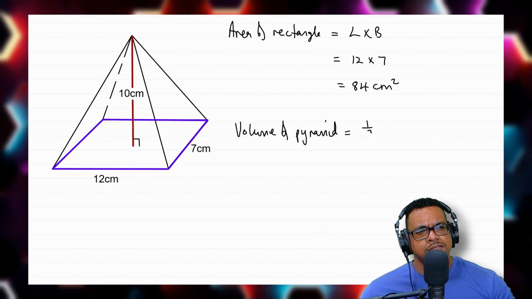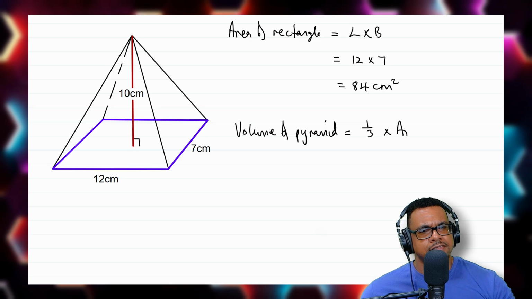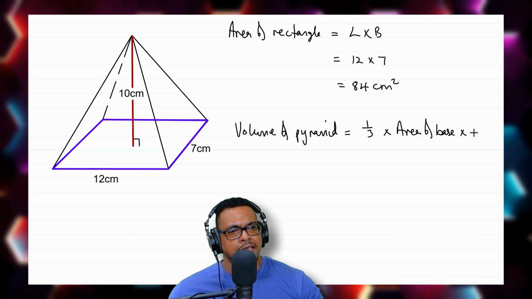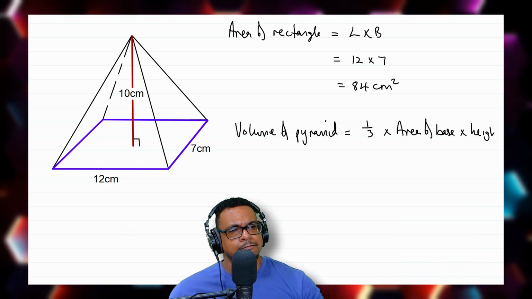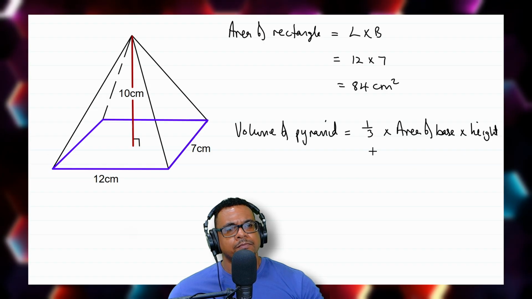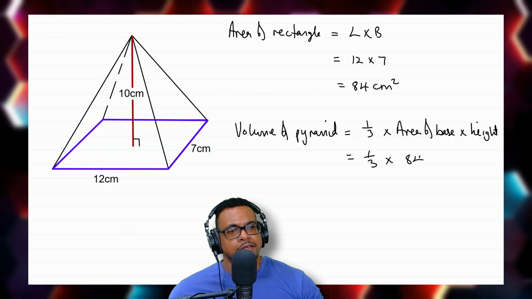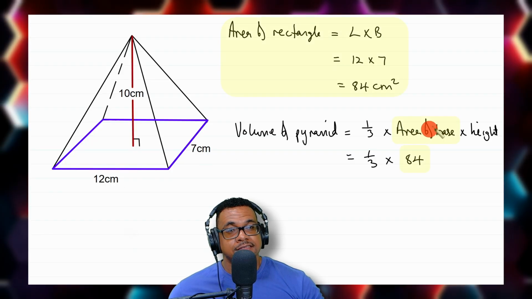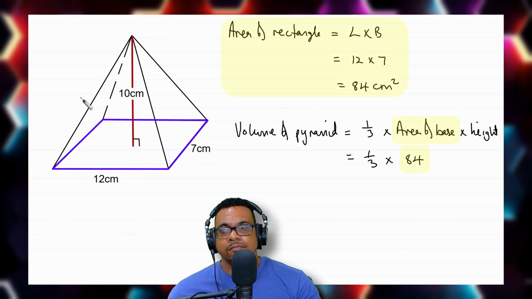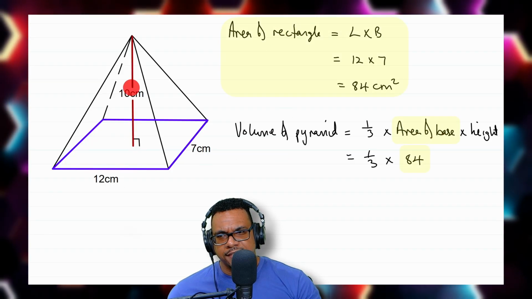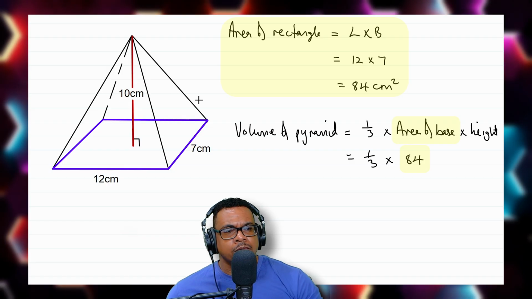So now the volume of the pyramid is equal to 1/3 by the area of the base times the height. So that'll be 1/3 times 84, because the area of the base is the area of the rectangle. And of course, your height is this 10 centimeters here.